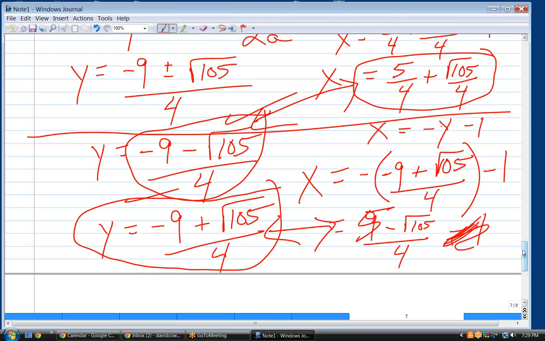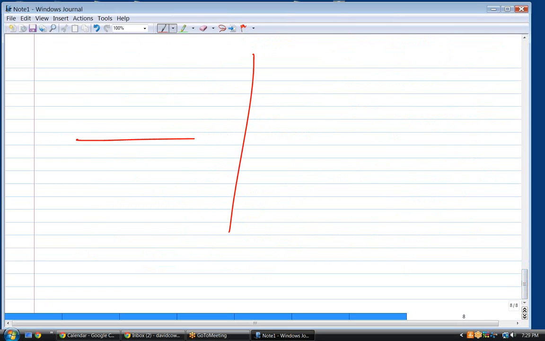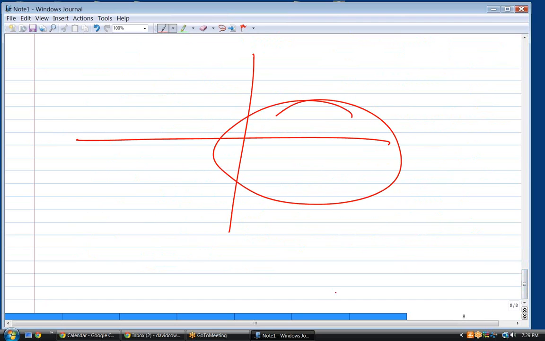Makes sense because if you go back and look at our picture, no matter where that ellipse is, I can put it pretty much anywhere, and that straight line is going to cross it at 2 points. There's one point which has an x and a y coordinate, and there's the other point which also has an x and a y coordinate.